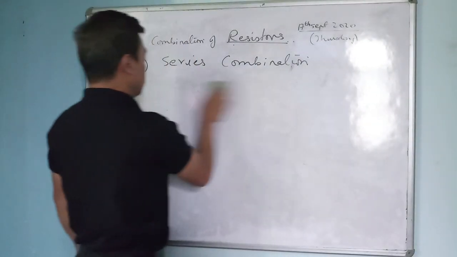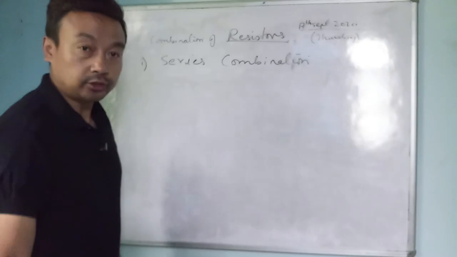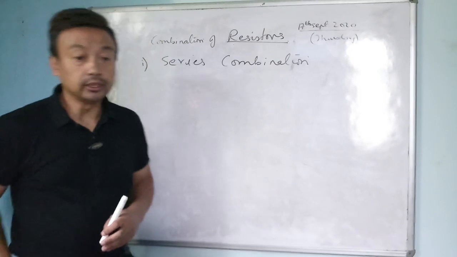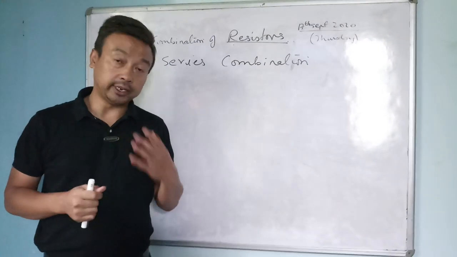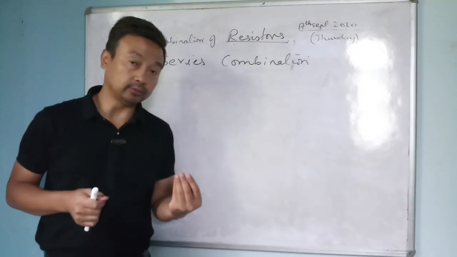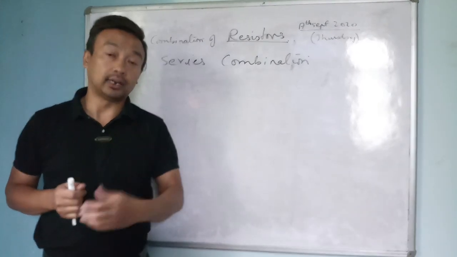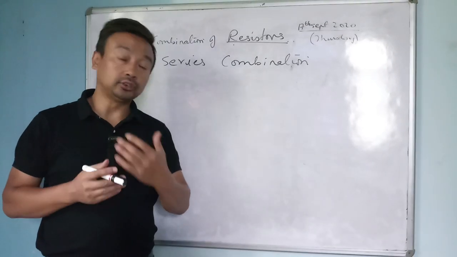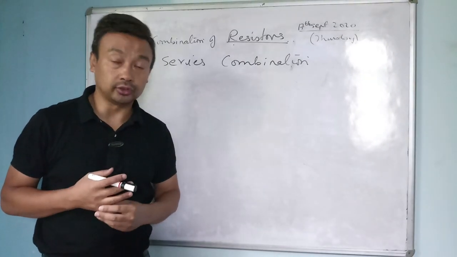This will be explained with the help of the diagram. You can also see it in the textbook at page number 191. In the series combination, suppose we take three resistors. Let us name the resistors R1, R2 and R3. Let these three resistors be connected in series.